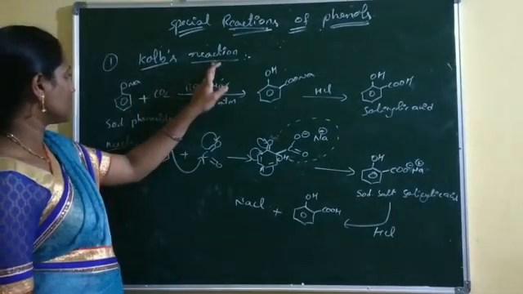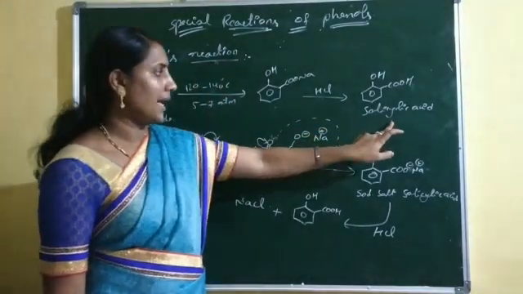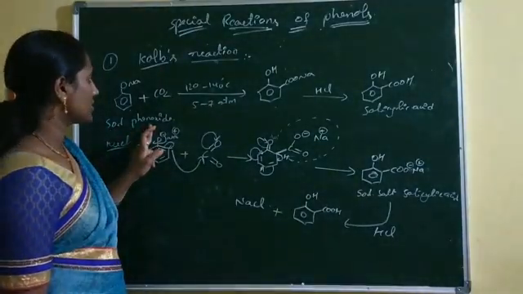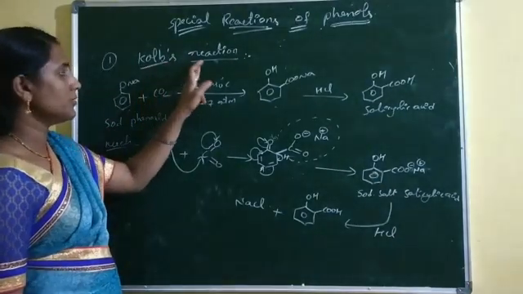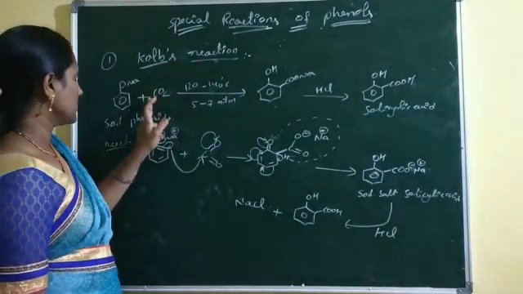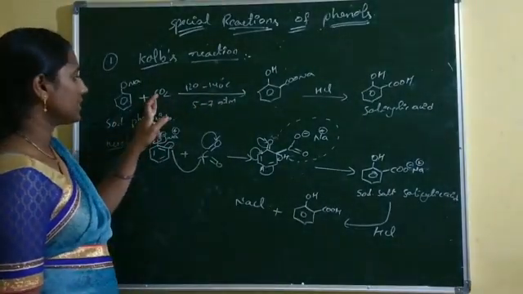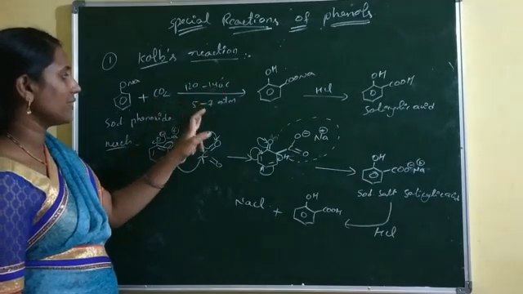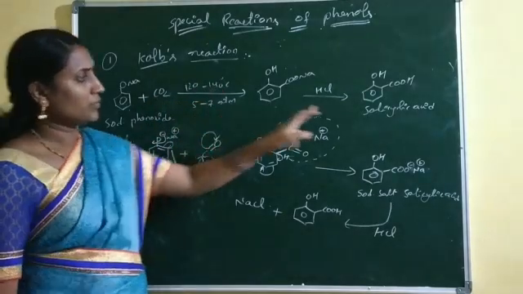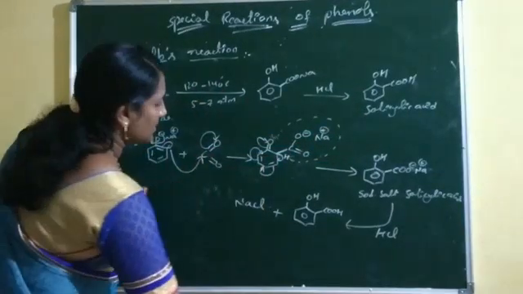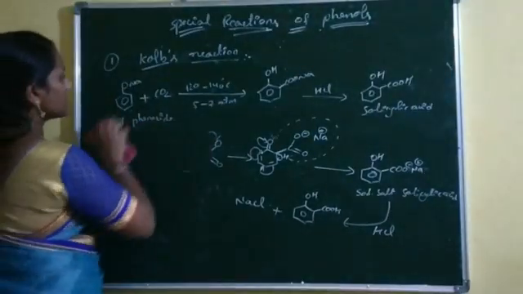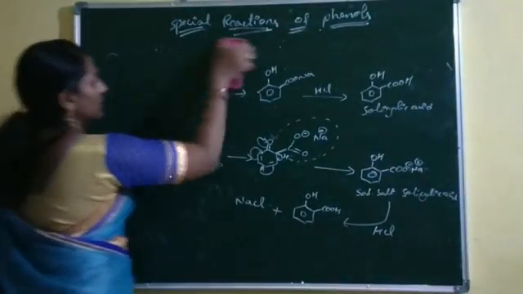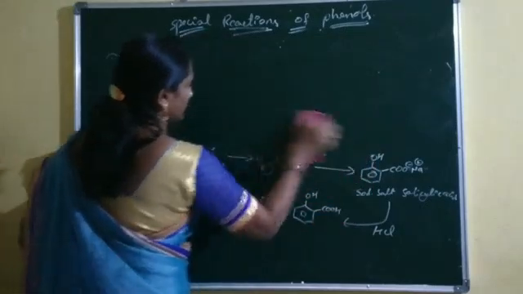In Kolbe's reaction, to prepare salicylic acid from sodium phenoxide, the sodium phenoxide is treated with carbon dioxide at 120 to 140 degrees centigrade under 5 to 7 atmospheres. And another special reaction is the Reimer-Tiemann reaction.